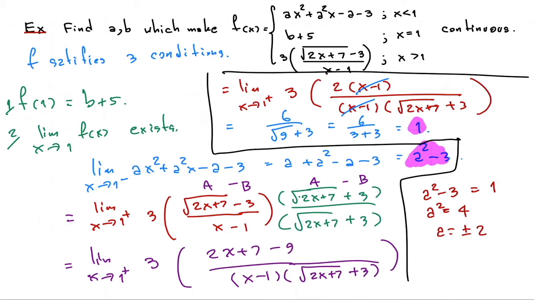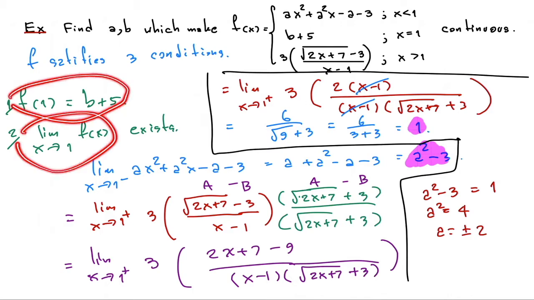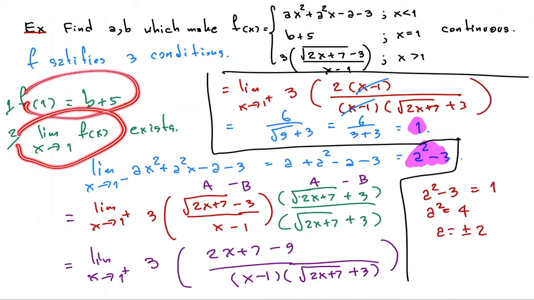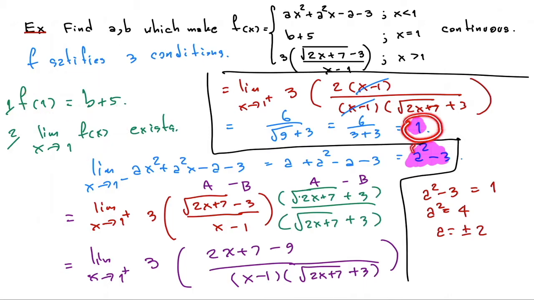And guys, the third condition says that this must be equal to the limit, right? But the limit is this and this, they are equal. So I can say that the limit is actually 1.